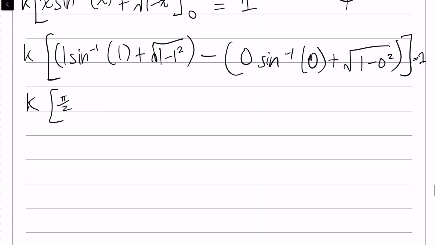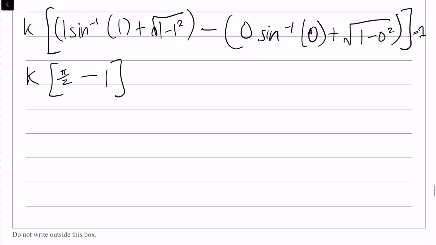1 minus 1 squared is 0, so that'll just cancel out neatly. And then I'm doing minus 0 times anything, which is going to be 0, but my plus square root of 1 minus 0 squared, that's going to be square root of 1, which is 1. Okay, that's equal to 1 total area.